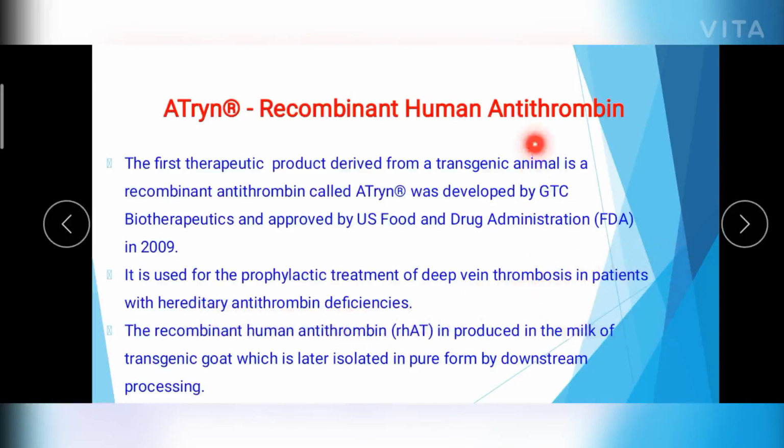This particular recombinant protein can be produced by cloning the antithrombin gene in the embryos of goat cells using viral vectors or non-viral vectors. The goat is able to produce the antithrombin protein in its milk.